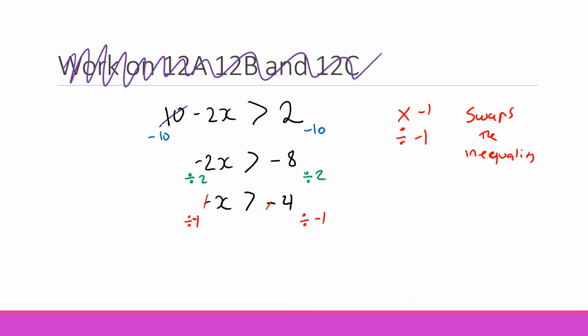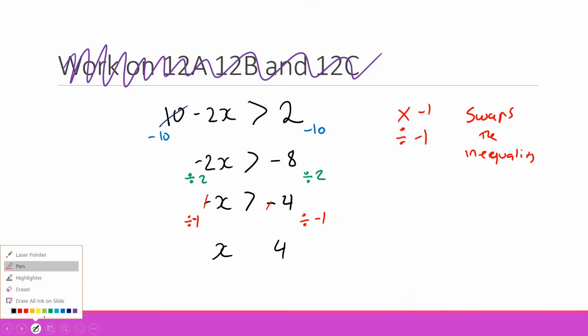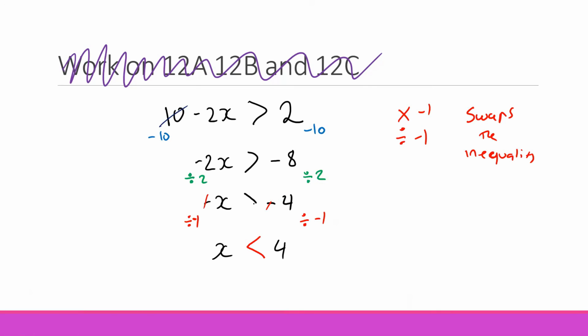So that will mean that your final answer is x is, and this time instead of greater than 4, x is now less than 4. Can you guys see in this one how the inequality swaps directions? Does that make sense?